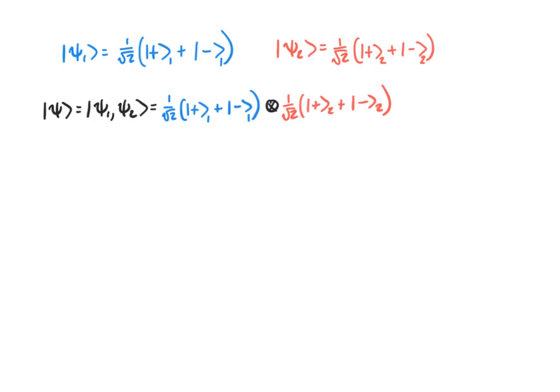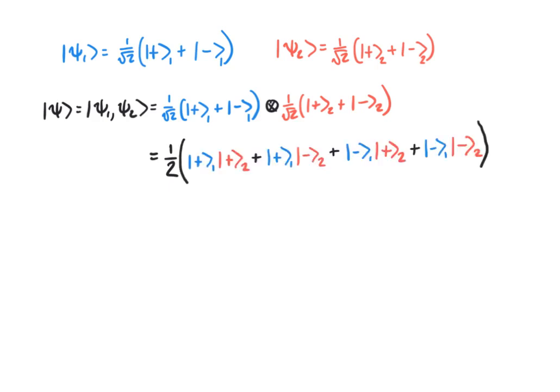The outer product satisfies the common rules of multiplication, so the distributive property and so on. Likewise, the square roots of 2 can all be factored right out because they're just numbers, and so we end up with 4 terms in the end because we have 4 different combinations of 1 plus, 1 minus, 2 plus, and 2 minus.